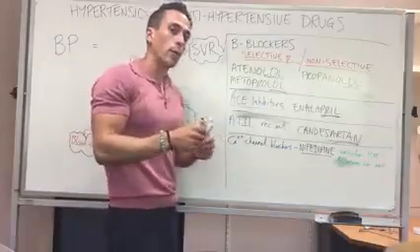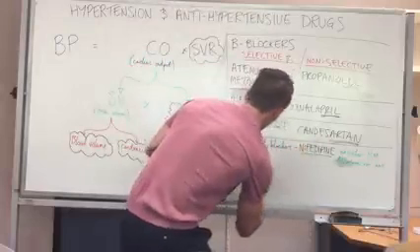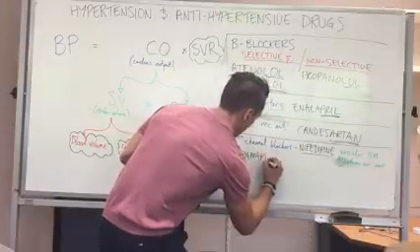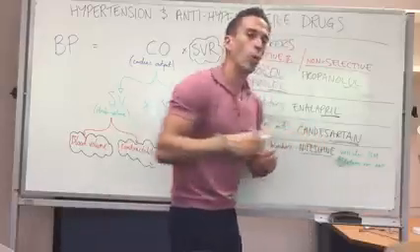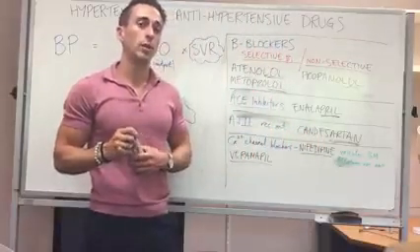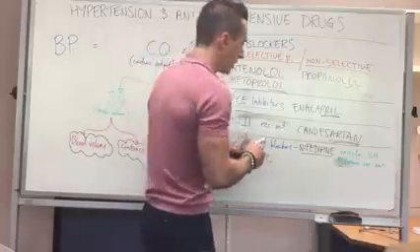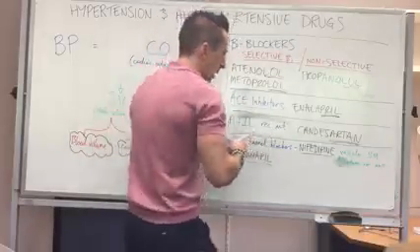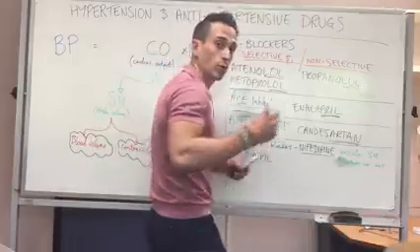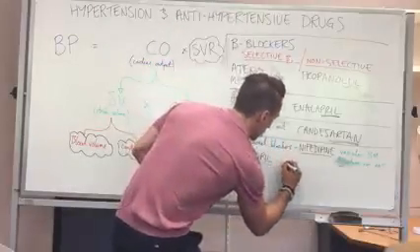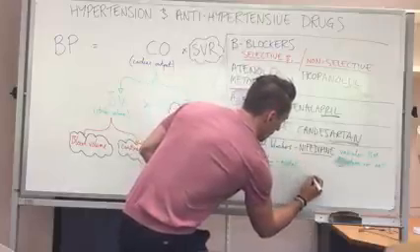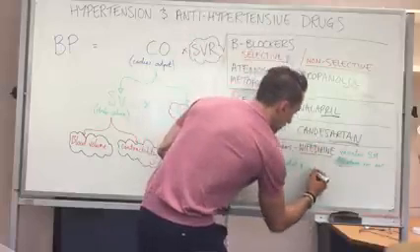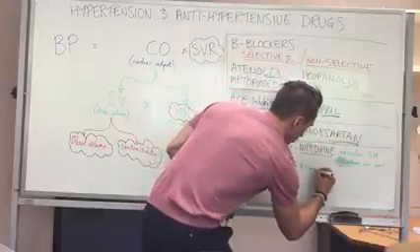What other types of calcium channel blockers do we have? We've got verapamil. Where do these particular drugs have their effects? Well, they tend to work on calcium channels, so block calcium channels at the nodes, so SA node, AV node, so nodal blockers, and what you'd refer to as conductive tissue.